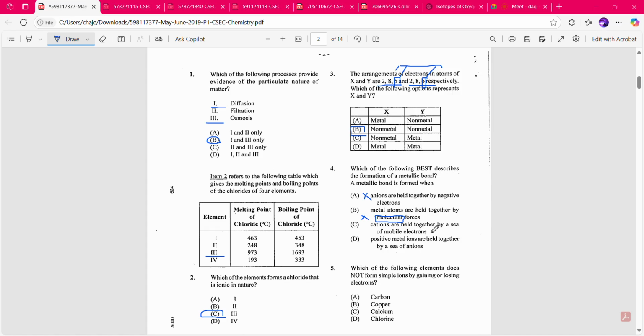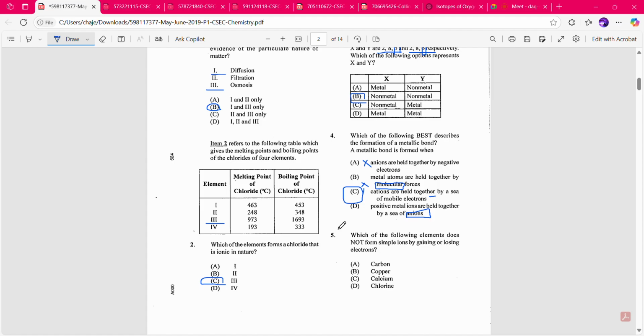C says cations are held together by a sea of mobile electrons. This one looks correct so far. D says positive metal ions are held together by a sea of anions. This is wrong, because the only negative charges in a metallic bond are the electrons. So you have positively charged cations and negatively charged electrons in a metallic bond. Therefore my correct answer is C.